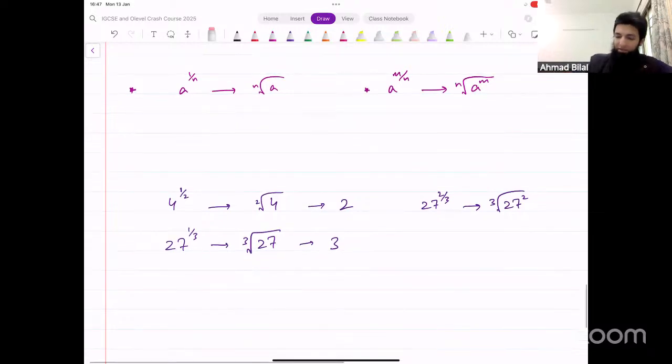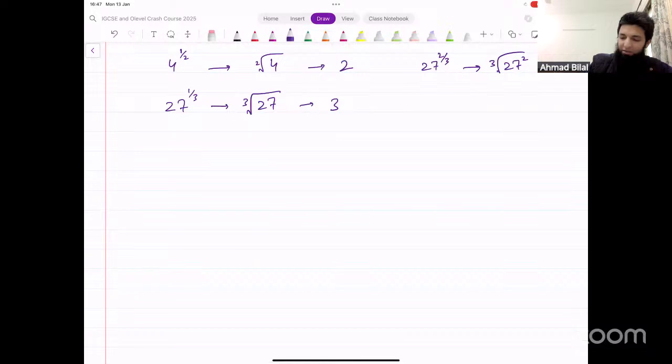For instance, now if we had to simplify this, sometimes you have to evaluate this, right? Evaluate 27 raised to the power 2 over 3. How would you do that? You can say that is 27 raised to the power 2 over 3. How do you simplify this? One way to do that would be that you say it's cube root of 27 squared, and you've got 3 outside like this.